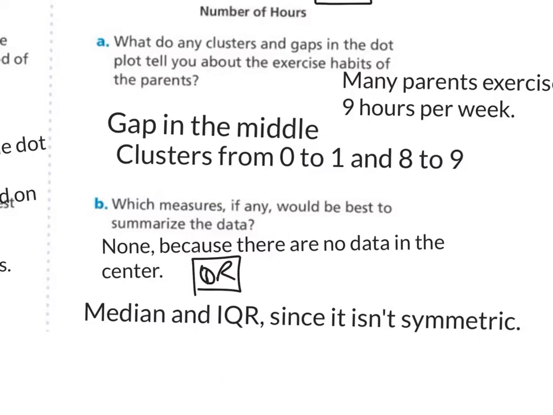For us to say on average, they exercise 4 to 5 hours a week, but really nobody's exercising 4 to 5 hours a week. It seems kind of weird because there's nobody that's actually doing that. Does that make sense?